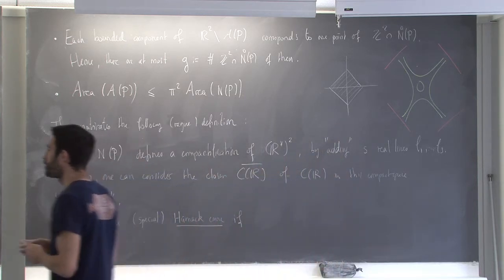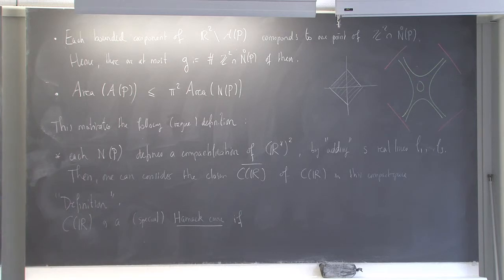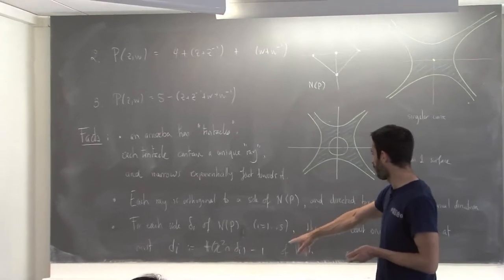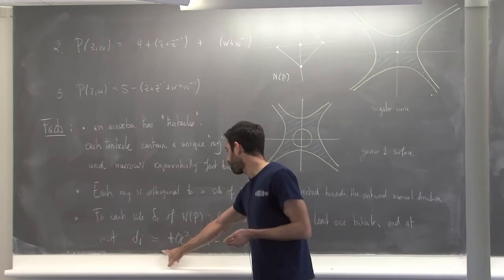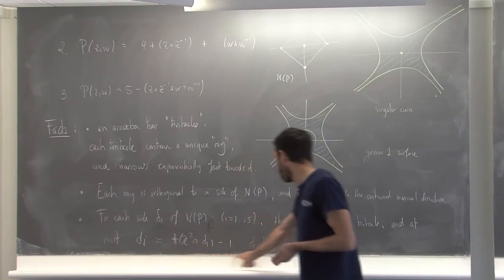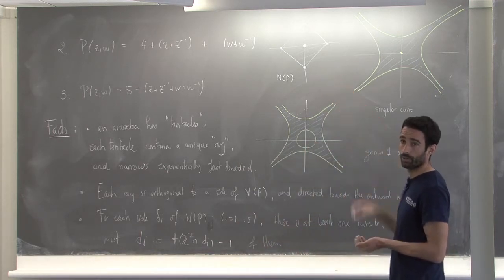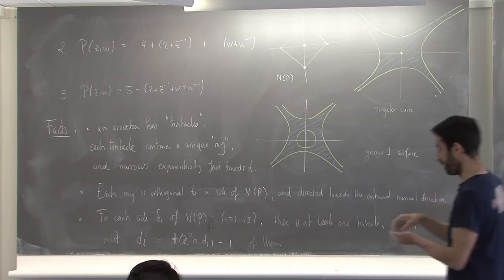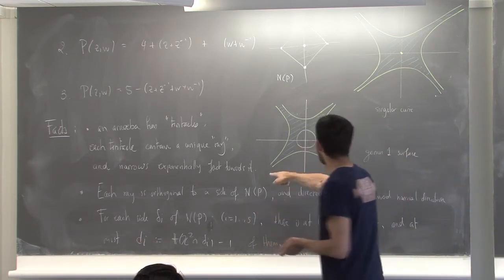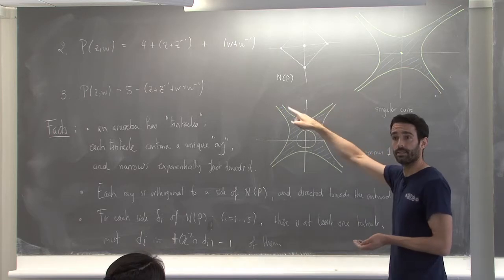First, we want it to have the maximal number of components. How many components can it have? It can have one component for each point inside the Newton polygon, so I named this G. And then it can have one more component that goes outside like this.